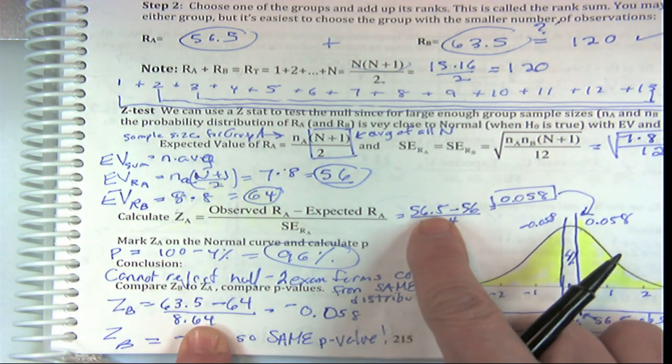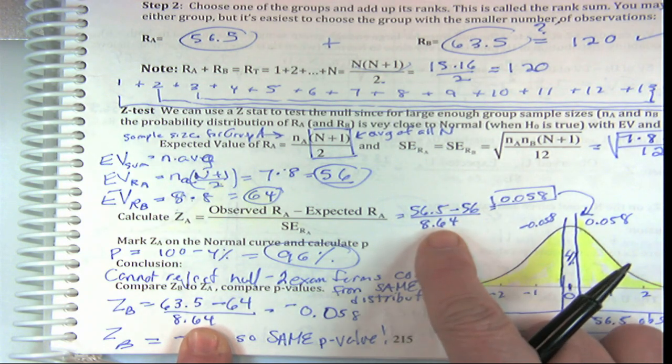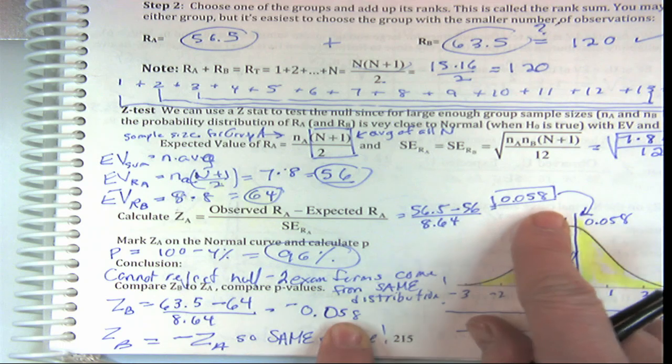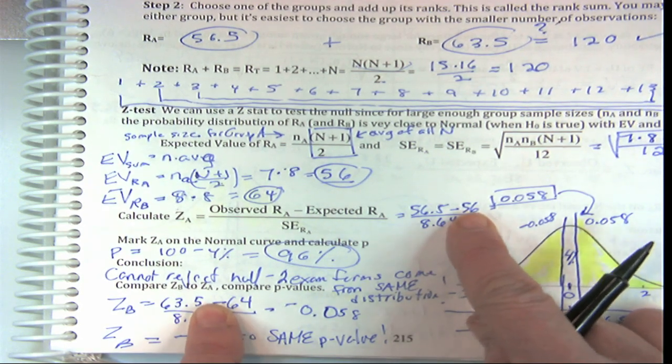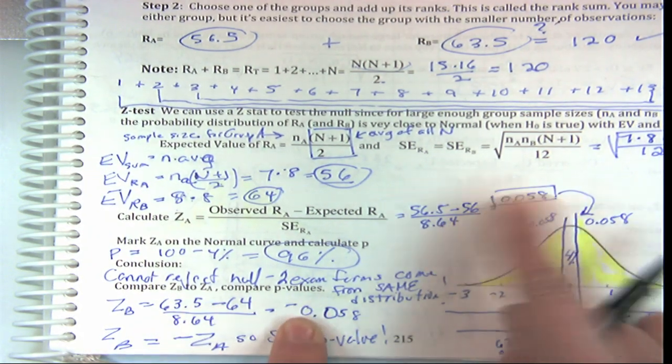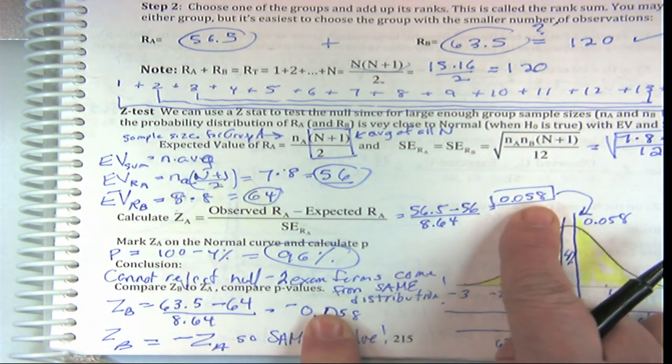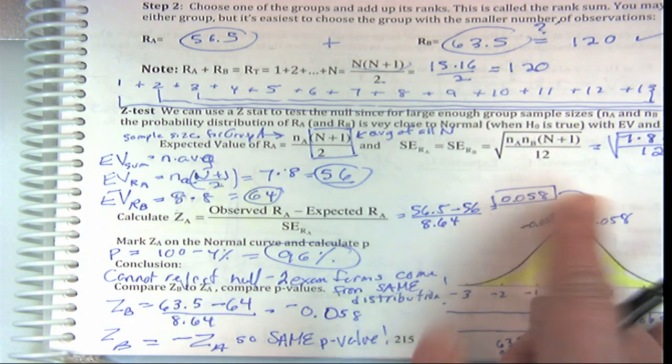We have the observed minus the expected over the standard error, observed minus expected over standard error. Sure, if you sum those differences, it's 0, but we just need one of them, because the other one's the opposite. So we don't have to add them together. We just take one of them.